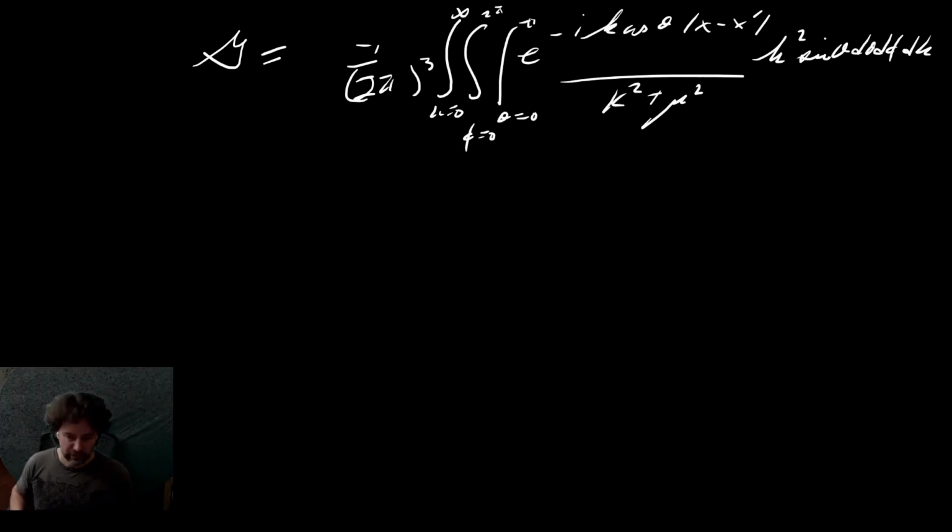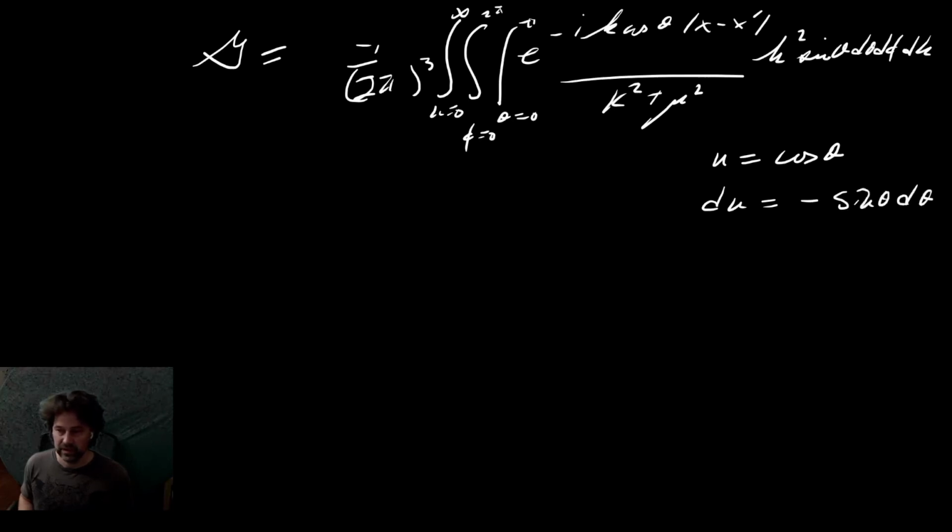We could start off by evaluating our d phi integration, which is just 2 pi, which will kill one of our 2 pi's downstairs. And let's write that out. We'll also make a change of variables. We'll say that u equals cos theta. So du equals minus sine theta d theta.